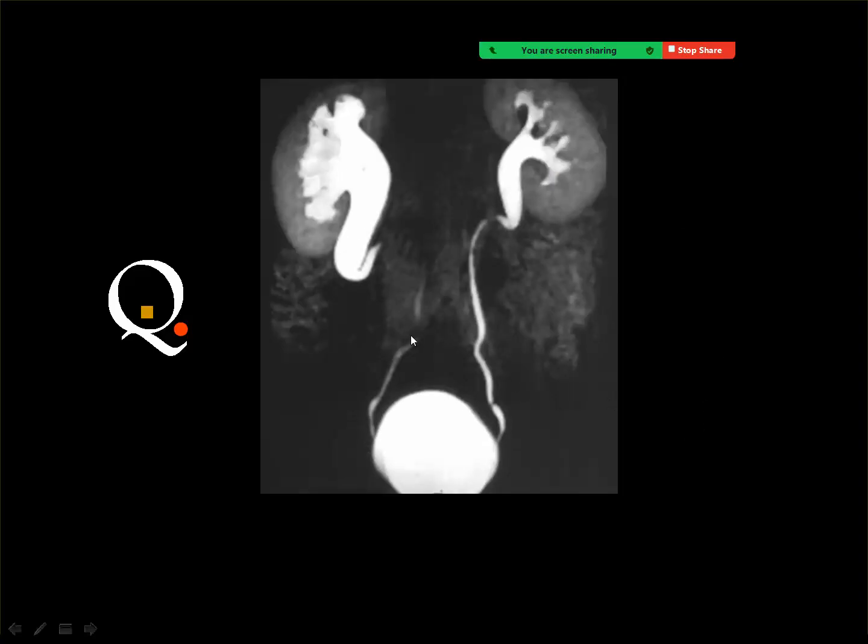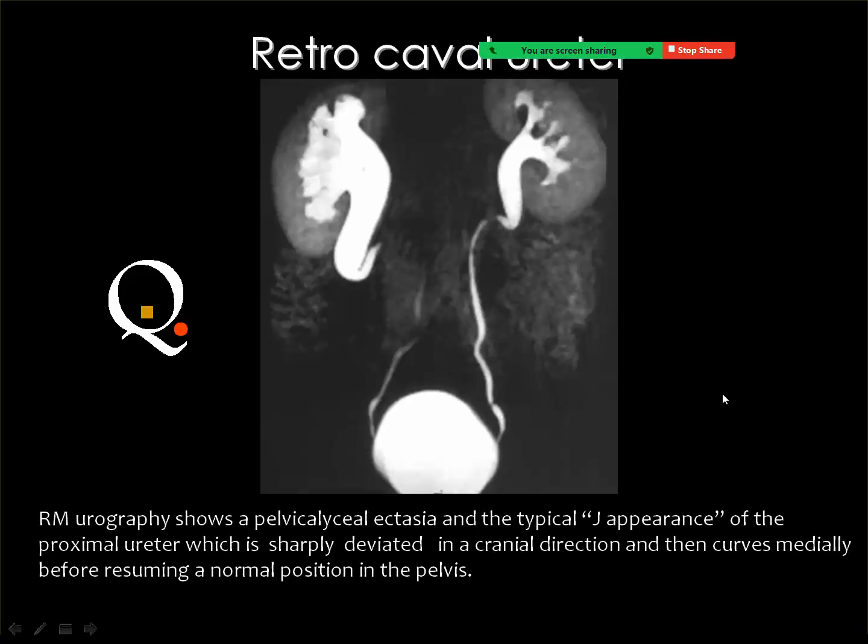It occurs relatively lower down in this particular area, but if you look carefully, you see the abnormal course of the right ureter, which is very close to the midline, with consequent considerable dilatation of the pelvicalyceal system, in a case of a retrocaval ureter.